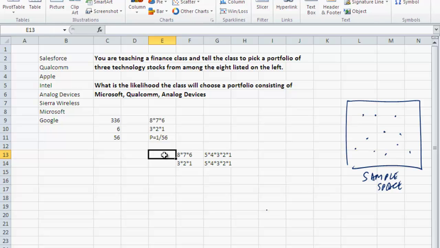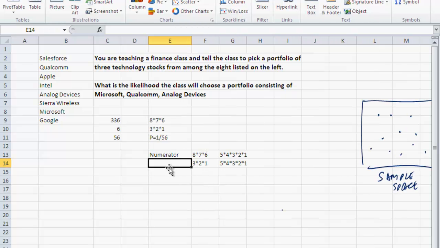Now if you look at this numerator and this denominator, do you see that the numerator is simply 8 factorial and the denominator is simply 3 factorial times 5 factorial? That's a shorthand, and you'll see it's useful for our purposes.